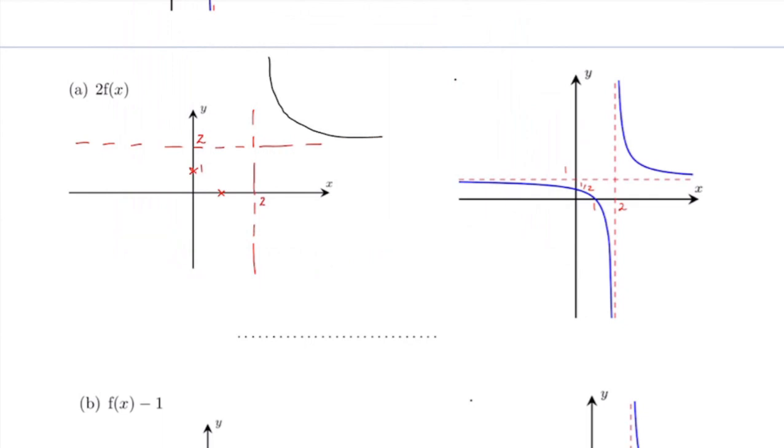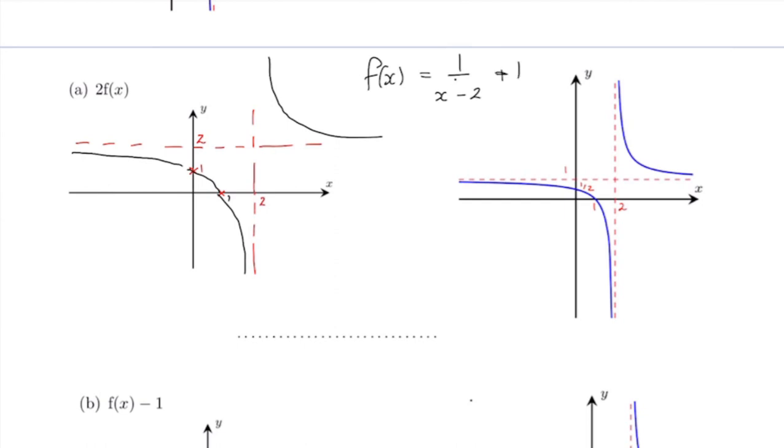So the graph, when I draw it, looks something like this. It goes through here at 1 and down. Now again, we want the new equation. Now we know that f of x was 1 over x minus 2 plus 1.